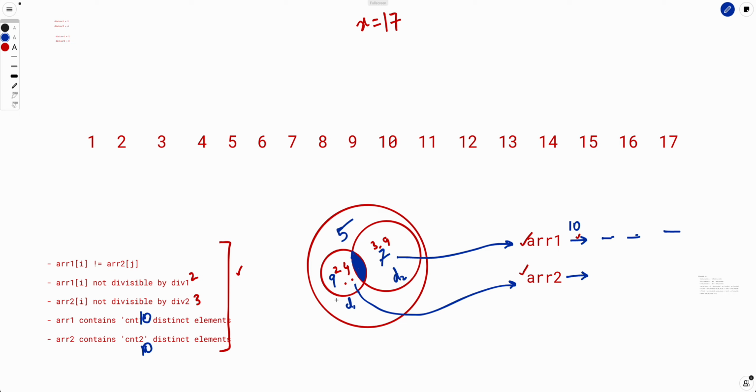There are 9 integers already which can be filled here, so you will fill those 9 first, and then you will be left with one integer. Now you have 5 integers which can belong to either of these, right? So now you will start filling up. Now how many integers are left?